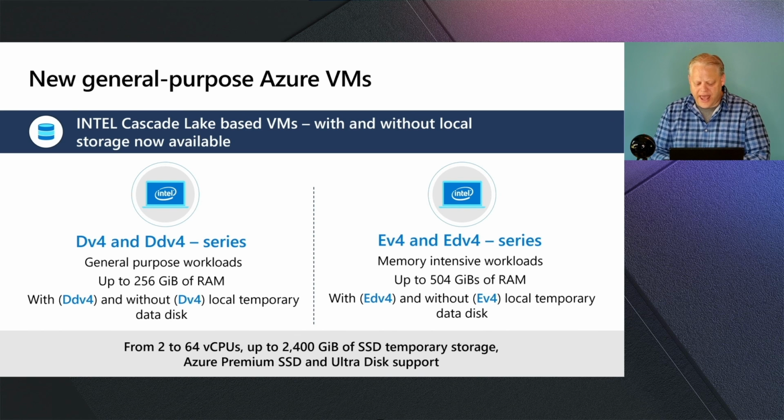And so if you look at the D series, our DV4 versus our DDV4, in this case, the DDV4 contains local temporary disk that is very high performance, where the DV4, without the extra small case D here, does not include the local disk and will be available at a lower price point. And the same thing goes for the E and the ED V4 series, one with a local disk and one without. Again, allows you to customize the machine that you use based on the needs of that application.